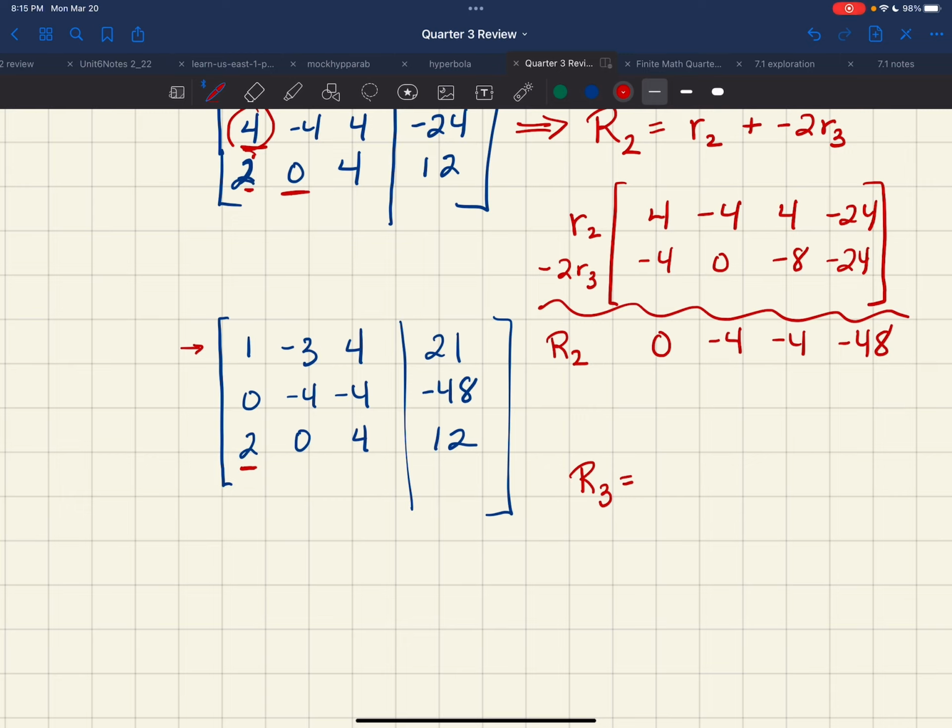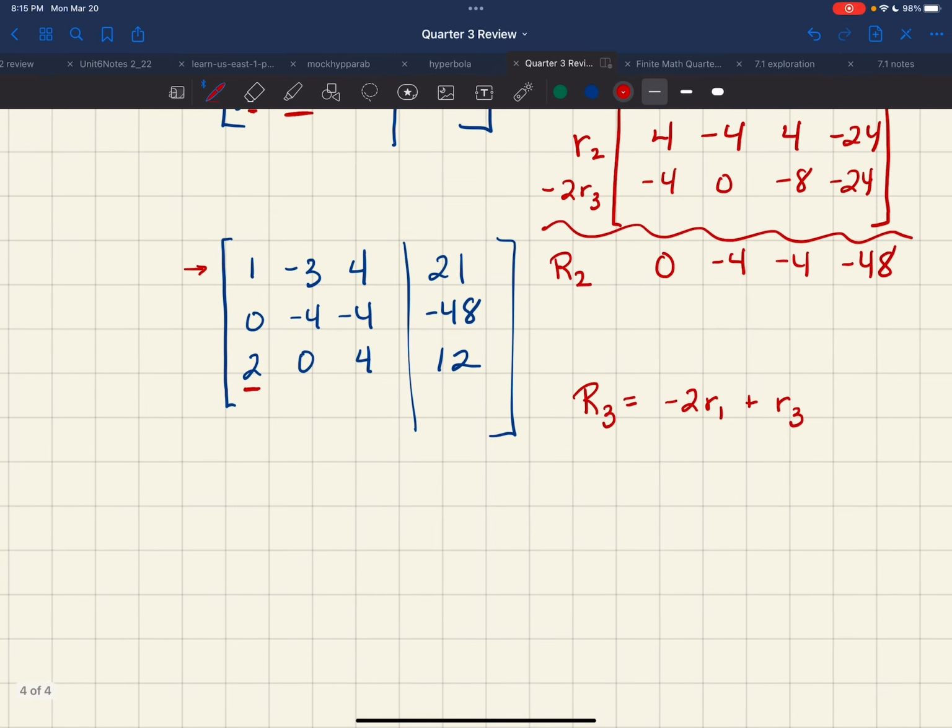So I'm going to do negative 2 R1 plus R3. And that's going to replace R3. So let's look at this. So I have negative 2 R1 and R3. So R1 would be negative 2, 6, negative 8, and then negative 42.